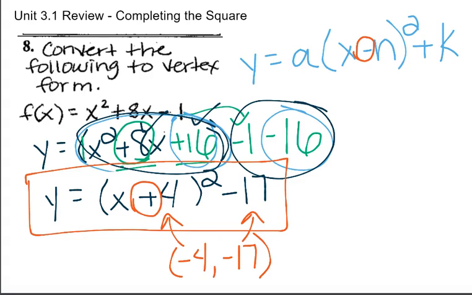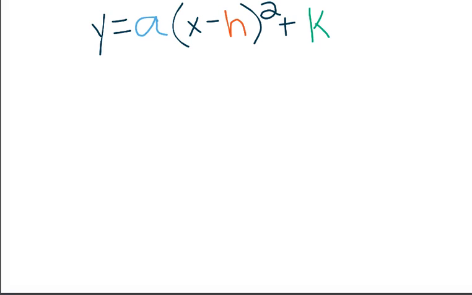While we're talking about the h and k, let's go ahead and talk about the other features of that equation. So this is my vertex form of the equation. There's lots of things that are important to know about this equation. First, let's talk about the a. The a does two things to the graph. The first thing is if my a is negative, that is going to reflect the graph.